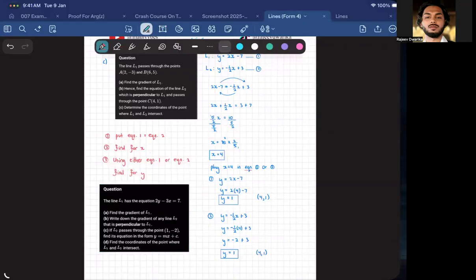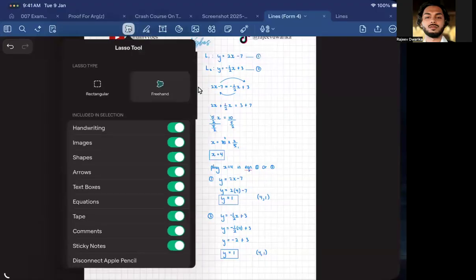So a line L1 has the equation 2y minus 3x is equal to 7. Find the gradient of L1. So I want you all to give this question a go. This will have to be the last question for today because it's already 6:54.